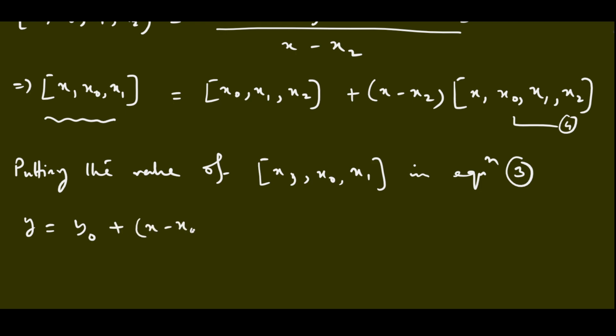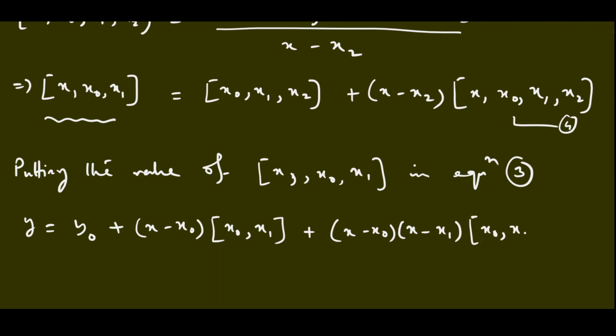If you put it, y equals, first term is y naught, then your second term is x minus x naught, then x naught, x1. After that, our next term will be x minus x naught, x minus x1, and then x naught, x1, x2. So in the proof, our third term is like this.